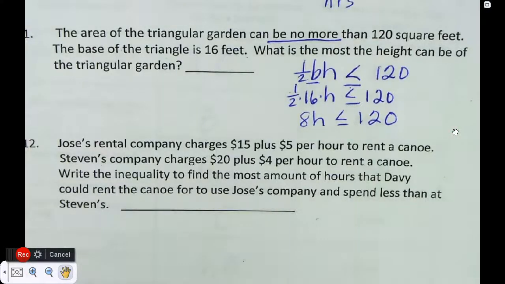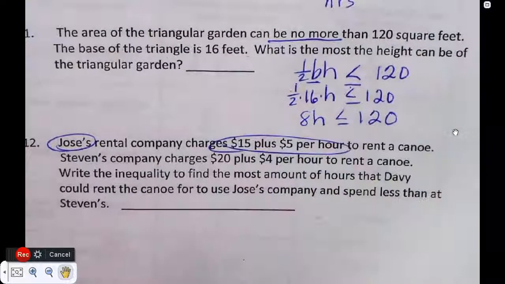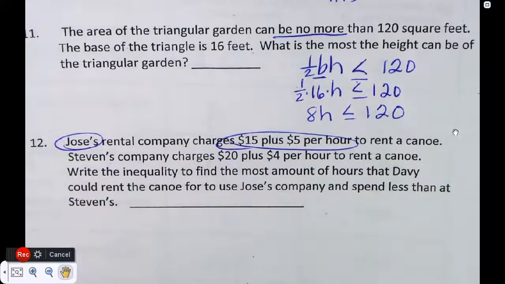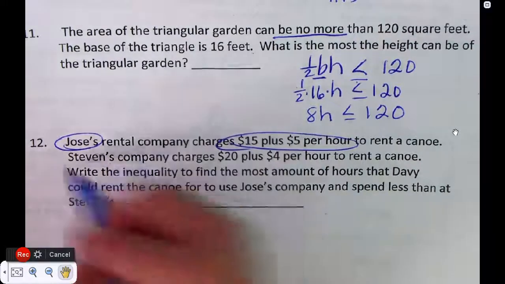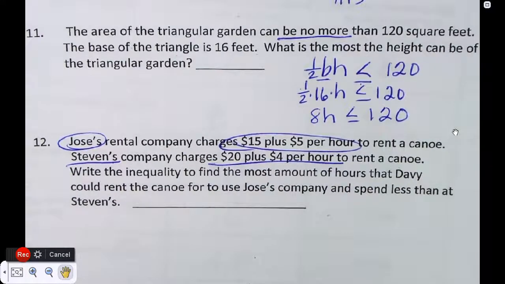Jose's rental company charges that much to rent a canoe. Stevens charges that much to rent a canoe.